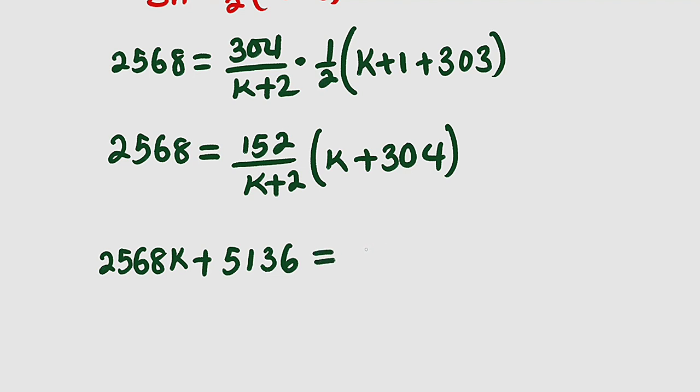This is equal to 152 times k, which is 152k, plus 152 times 304, which gives 46,208.